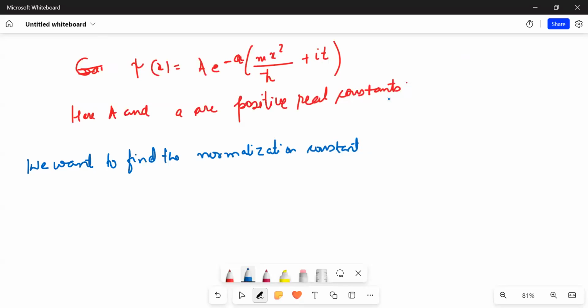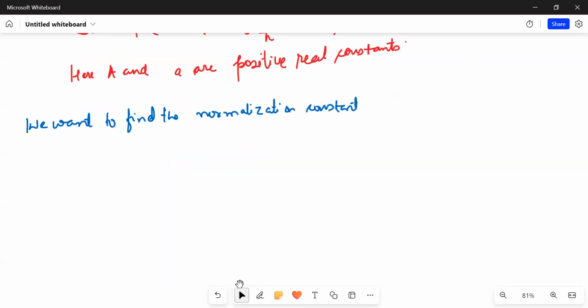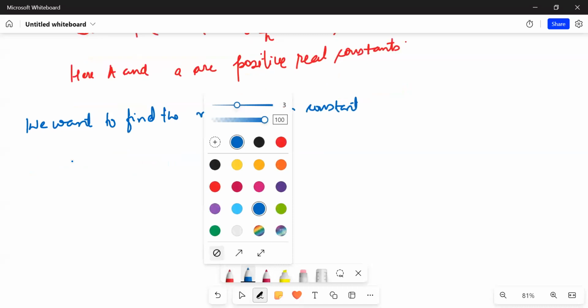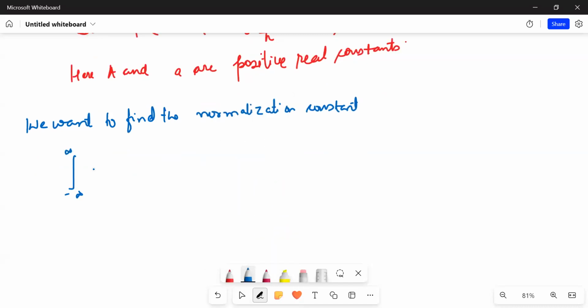So in order to find the normalization constant, I have already told you I have to do this particular integration equated to 1.